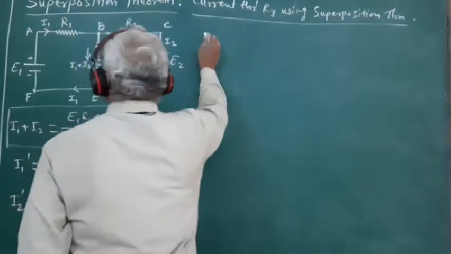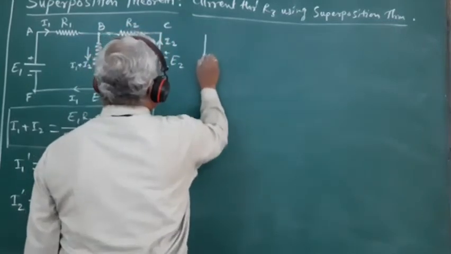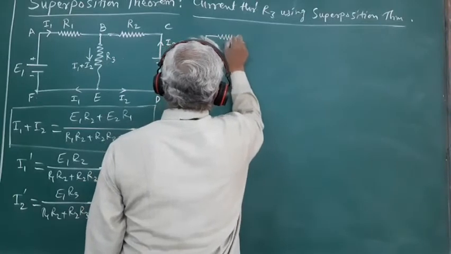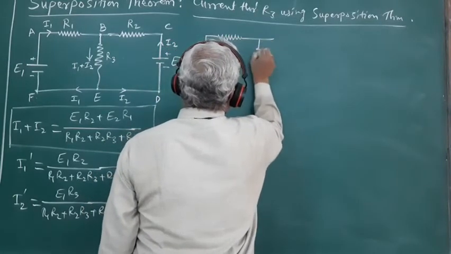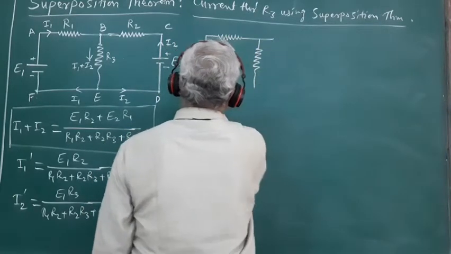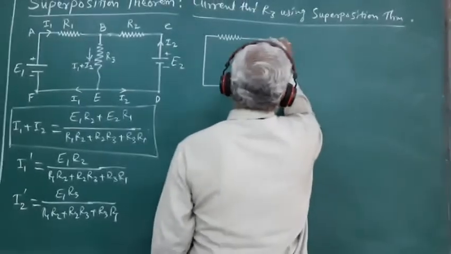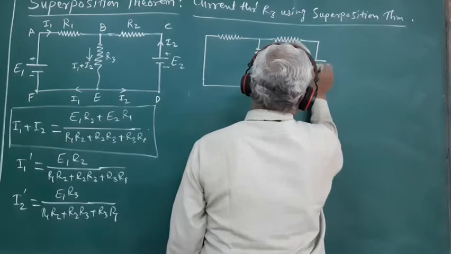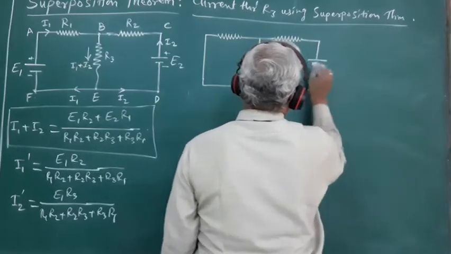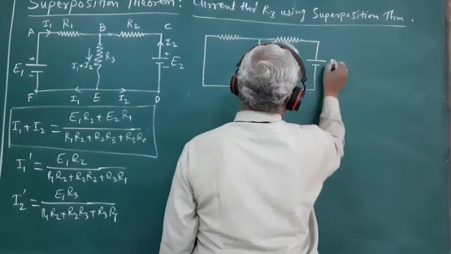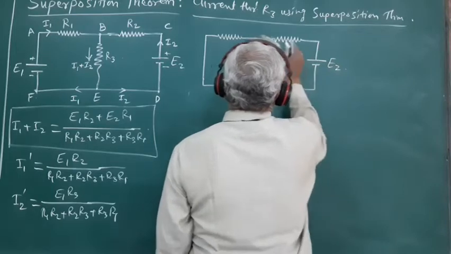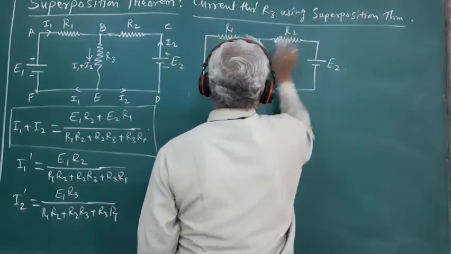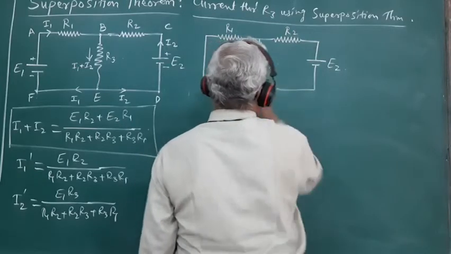So, if we kill the first source of EMF for its EMF, retaining its internal resistance in the circuit, the network we get will be of this type. This is the source E2. This is the resistance R1. This is R2 and this is R3.